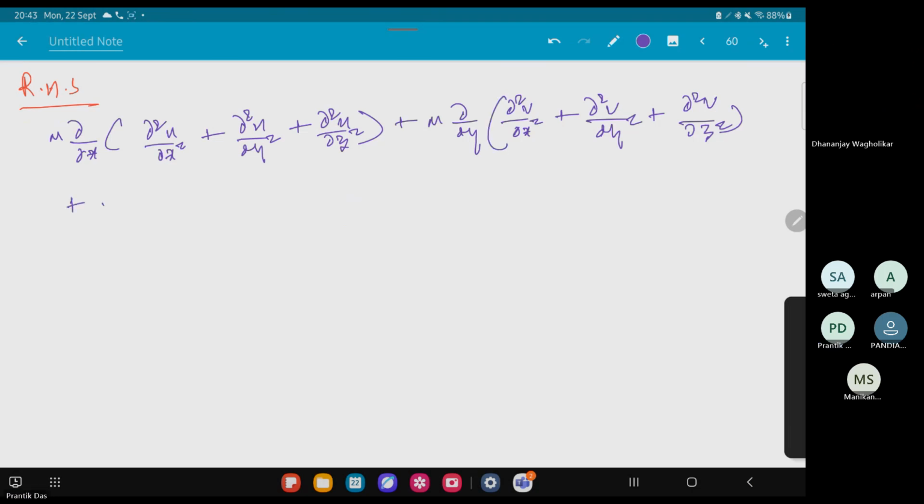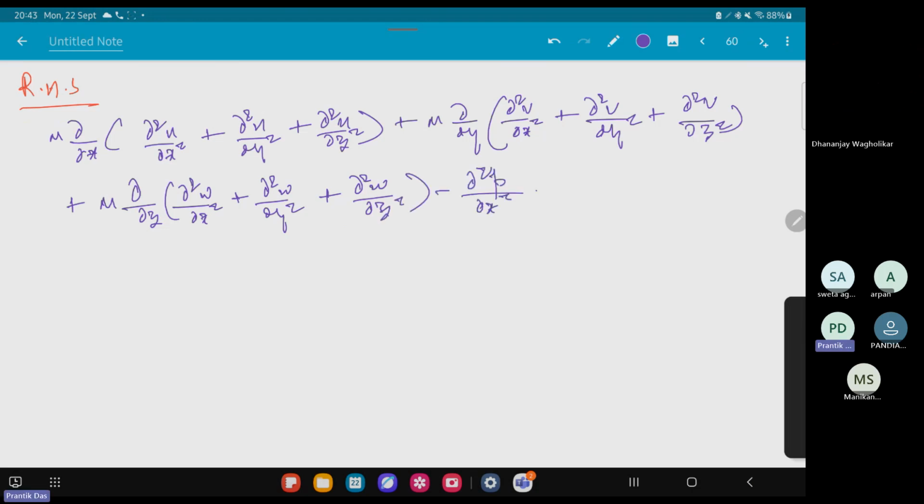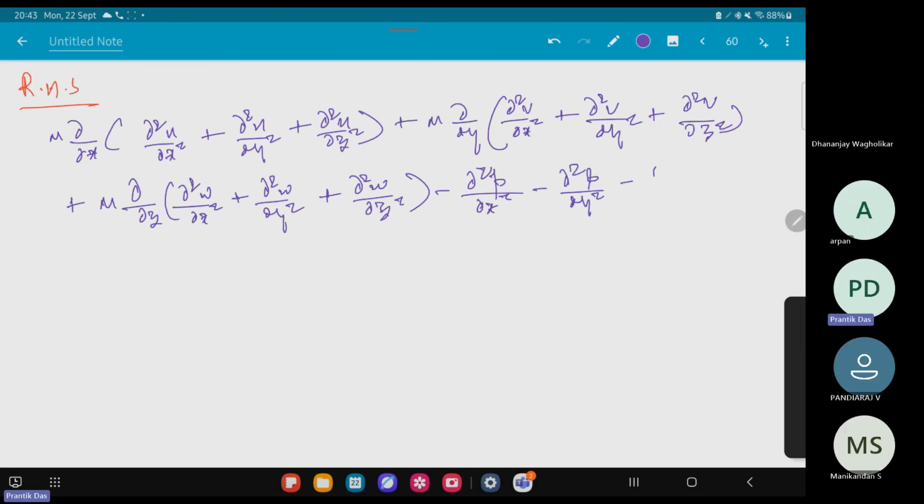Similarly, the last term, plus del square w/del x square plus del square w/del y square plus del square w/del z square, minus del square p/del x square minus del square p/del y square minus del square p/del z square.